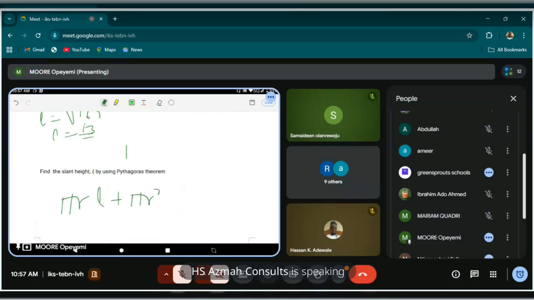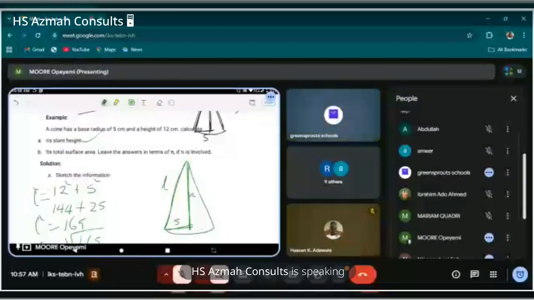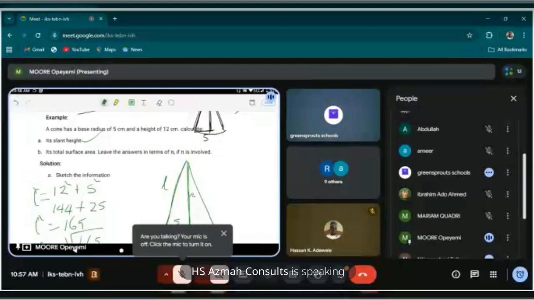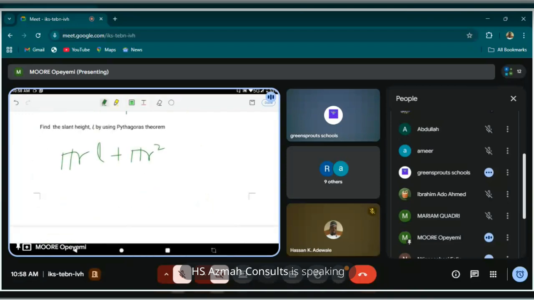It says leave the answers in terms of pi if pi is involved. I think that is why they did not give us the value of pi. It means we should leave the pi there and we will not change the value. So pi is pi. Then when you factorize this, you have πr(r + l).